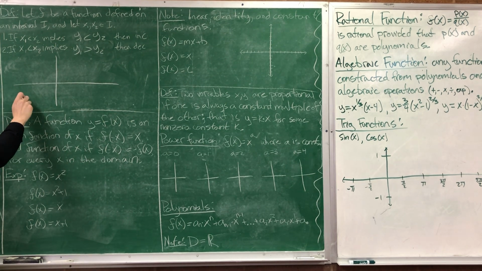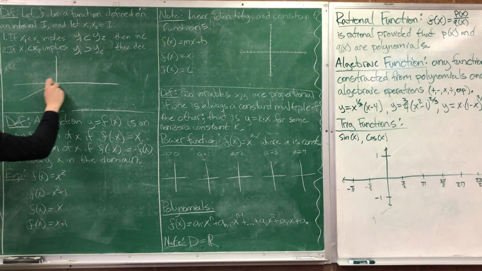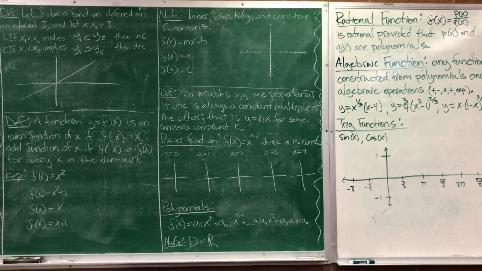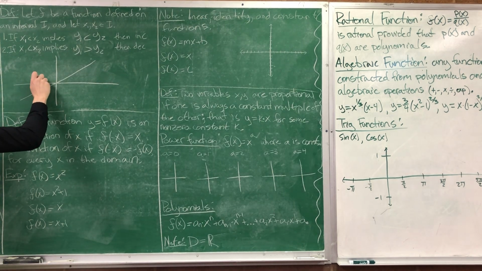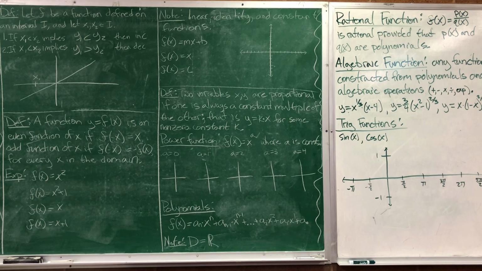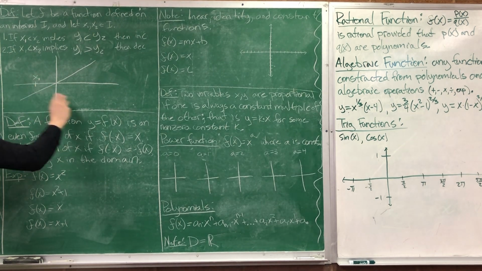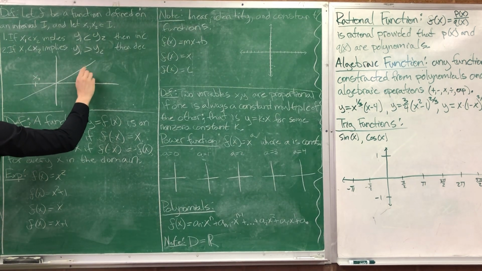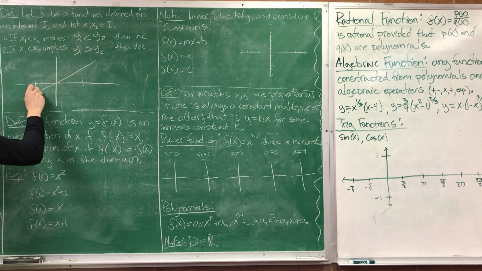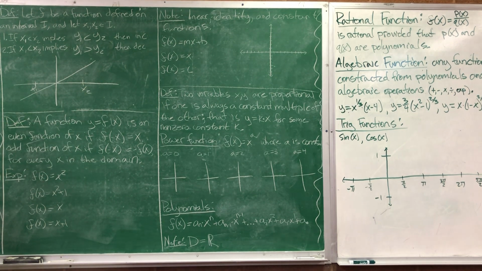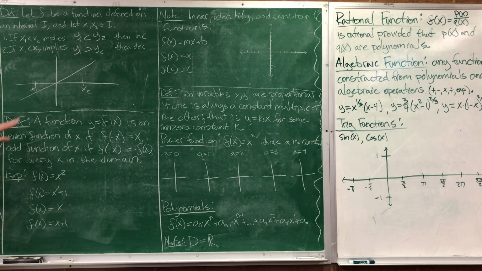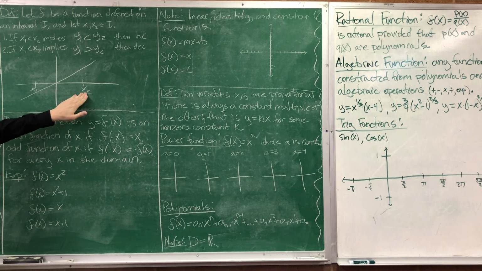Start with the increasing function. So some increasing function. Now pick any point in the domain you want, call it x1. Doesn't matter. Now pick any point after that point in the domain, call it x2. So some point later, x2. The only rule, x2 needs to come after x1. So x2 is later in the function than x1. If the function's increasing, then we expect the height at x2 to be higher than at x1.